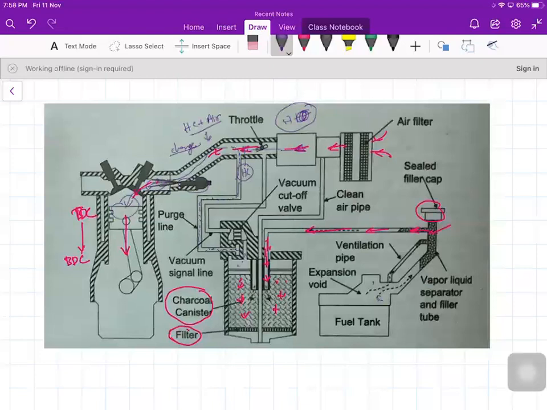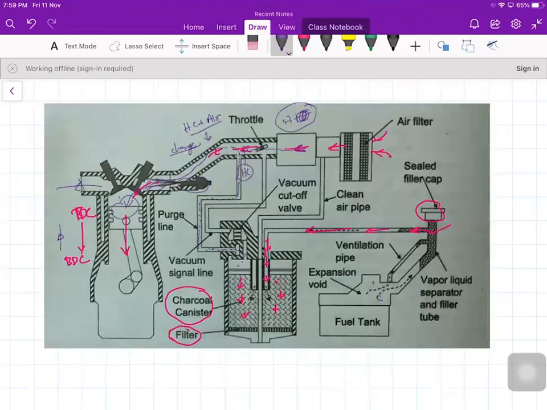Once the piston moves from BDC to TDC, the pressure increases, the temperature rises, and the charge gets burned. Then it goes out through the exhaust outlet, and this is how we are controlling the evaporative losses.